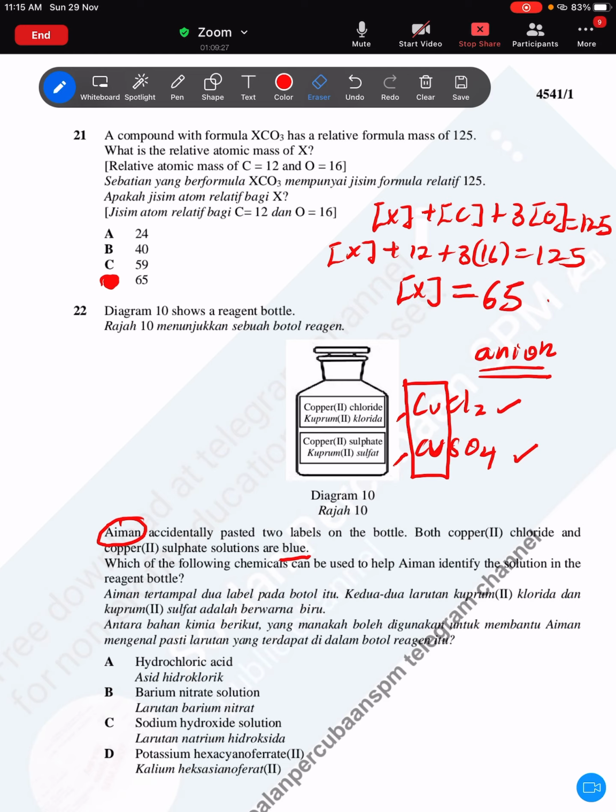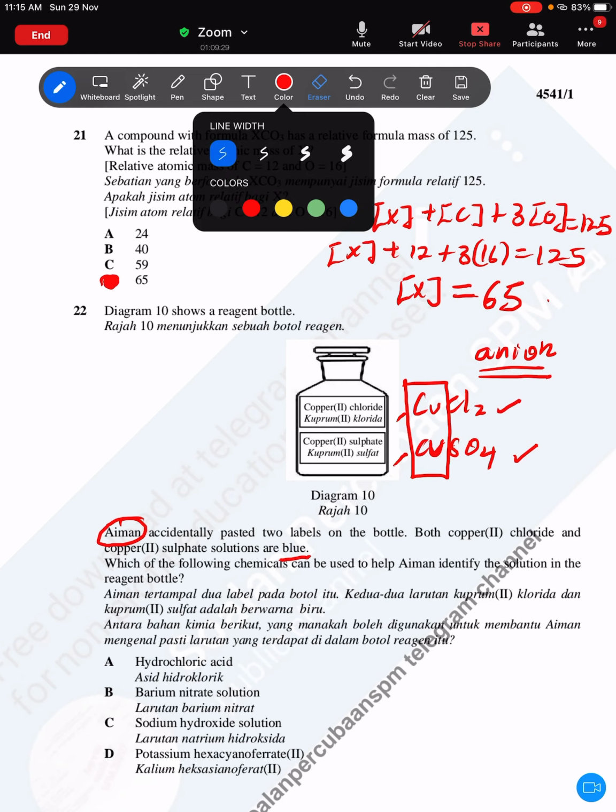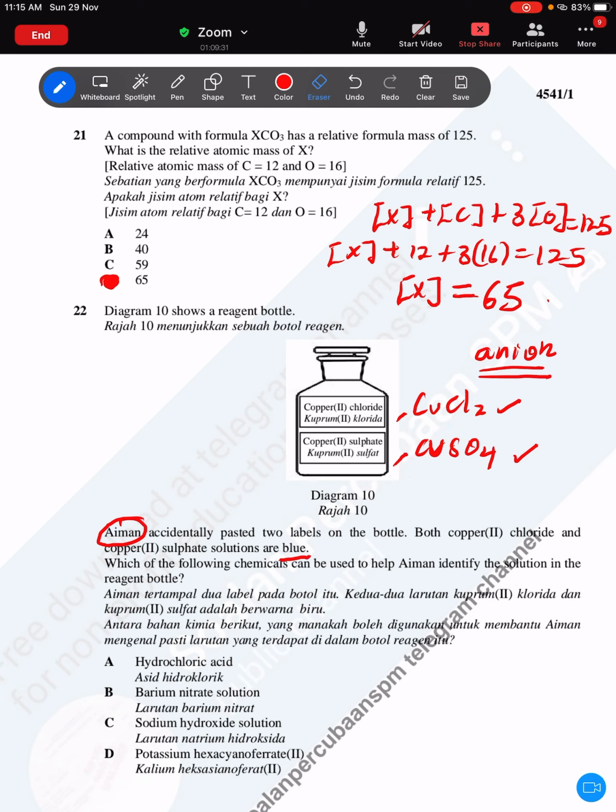So, to be short, let me teach you. You have a chloride and you have a sulfate. So how to differentiate these two? You can use barium nitrate. When you mix barium nitrate with the sulfate, it will form barium sulfate, which is a white precipitate.